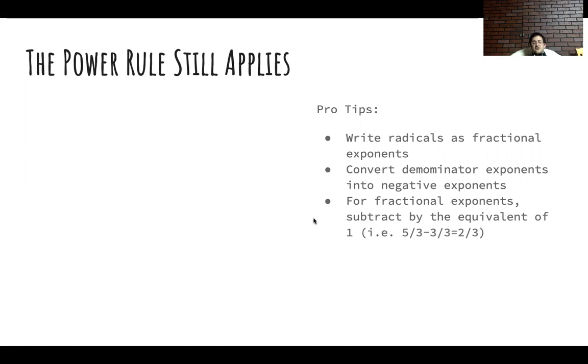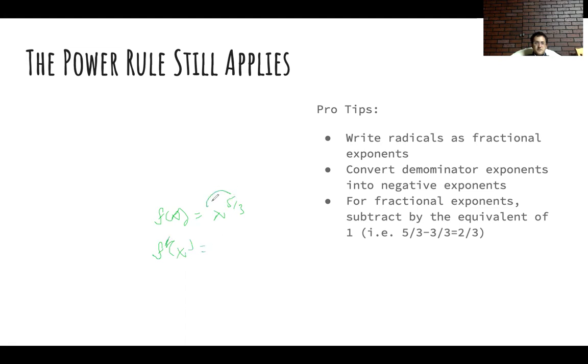And then for fractional exponents when you're doing the power rule, let's say that I had f of x equals x to the 5/3, and I want to find the derivative, f prime of x.